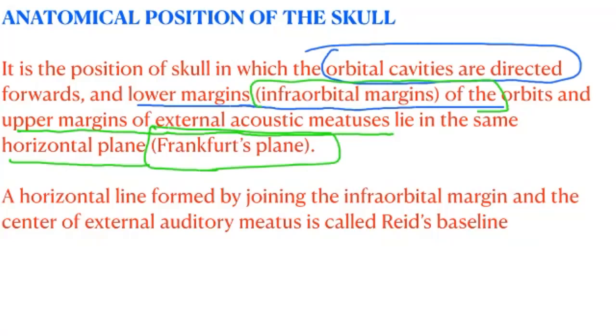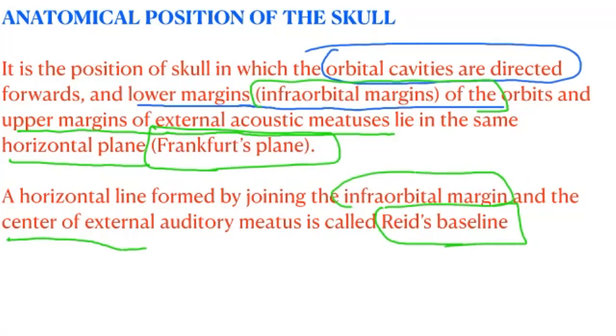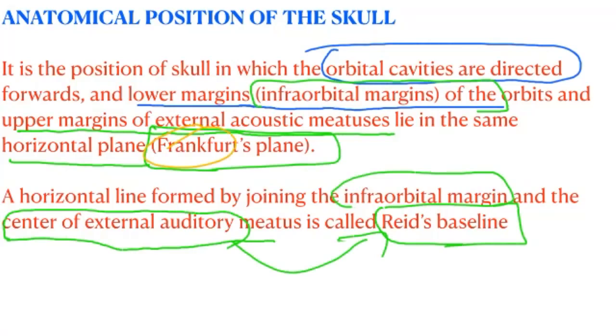There is also another line called Reid's baseline. The horizontal line is formed by joining the infraorbital margin and the center of the external auditory meatus. If the line joins the center of the external acoustic meatus, it is called Reid's baseline, whereas the upper margin of the external auditory meatus forms Frankfurt's line.